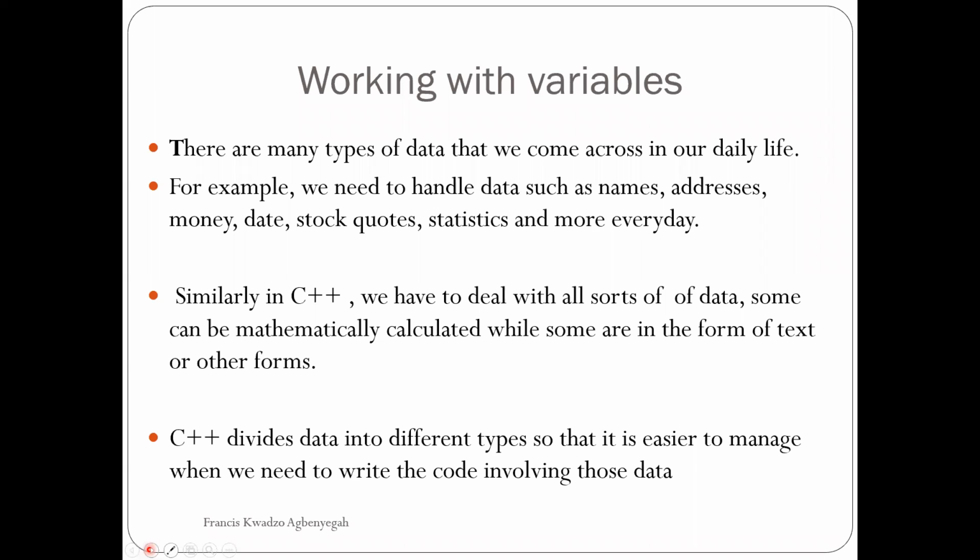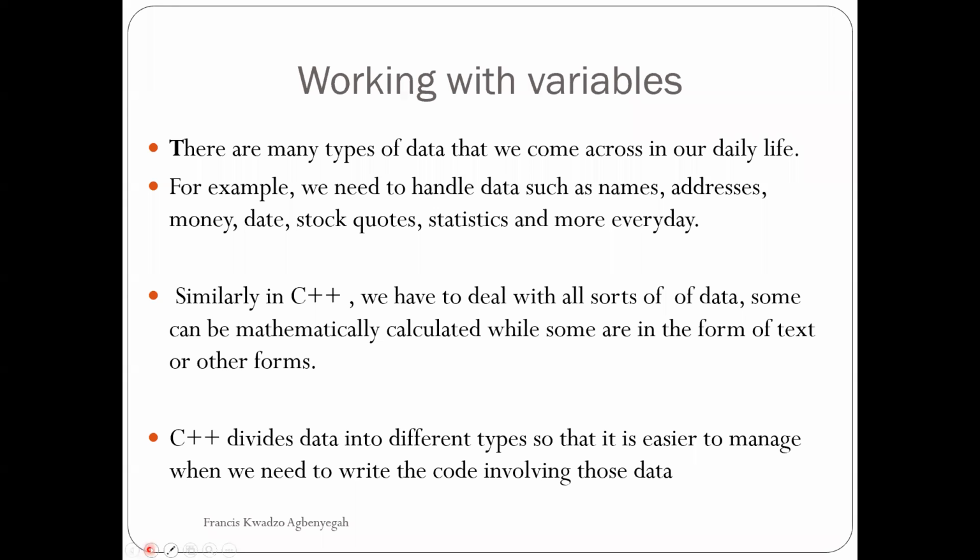In C++, we have to deal with all sorts of data. Some of them can be mathematically calculated, while others have to be a form of text or other forms. How do you deal with those? The best way is by assigning what we refer to as a data type to the data that you come across. The data type that you assign to your variables will tell the compiler the kinds of operations to perform on them, or how you are supposed to handle them.